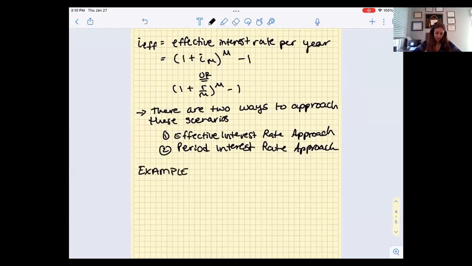So, for example, if I know that I have a first cost, which is $1,000, but I am told that it compounds semi-annually. What does that mean?